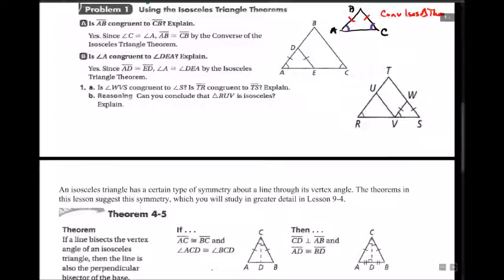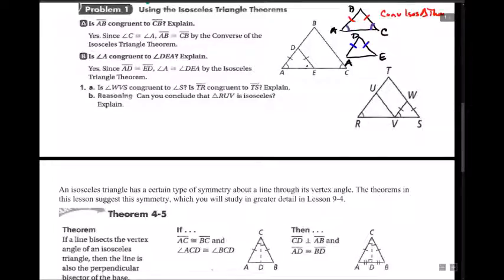Okay, what's next? Is angle A congruent to angle DEA? So there's angle A, where's angle DEA? We're talking about this angle right here. So now I'm talking about the small triangle in there. So I'm going to redraw and talk about ADE, and I am going to mark anything that I have here.